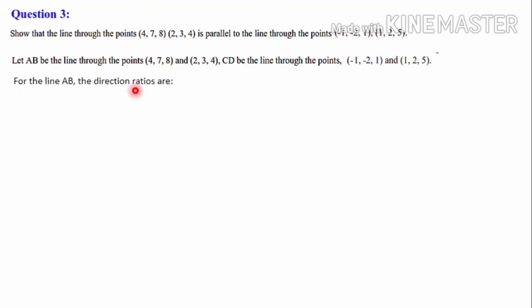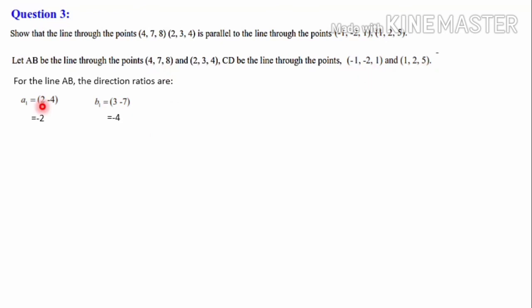So for the line AB, the direction ratios are x2 minus x1, that is 2 minus 4, which is minus 2. Then B1 is 3 minus 7, which is minus 4. Here A1, B1, C1, A2, B2, C2 we have to take because there are 2 lines.